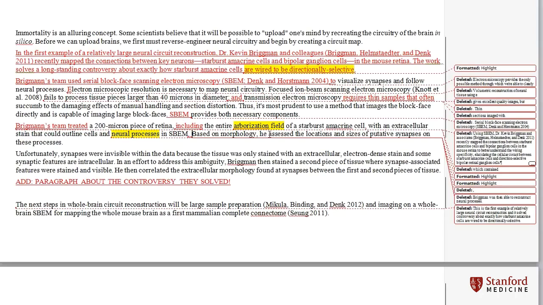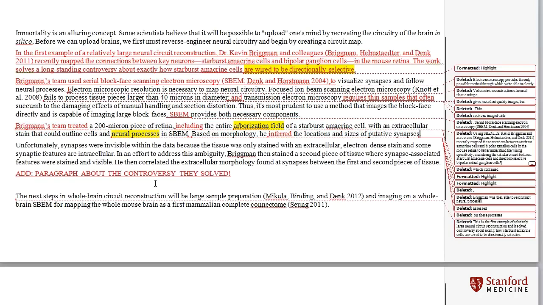He can't see the synapses, but he can see shapes that suggest where the synapses might be. Here's a really good example of using a good verb. I really like the word "inferred" here rather than "assessed." That's what he's doing. He's inferring where those synapses are based on this morphological data. I don't think we need to say "putative synapses on these processes." I think we can delete that and we won't lose anything.